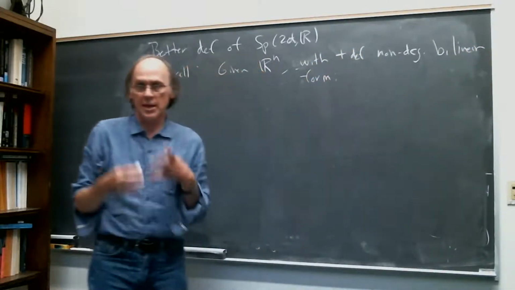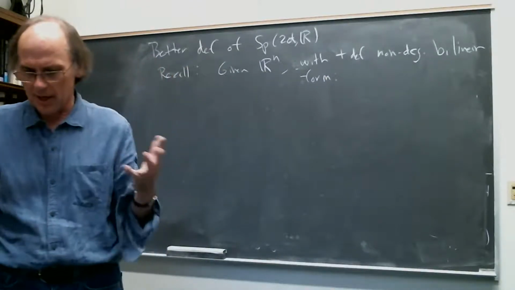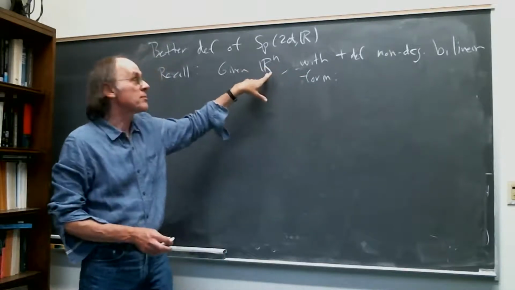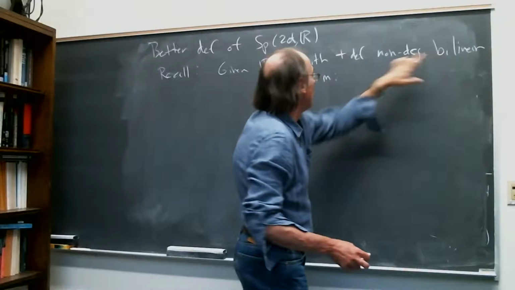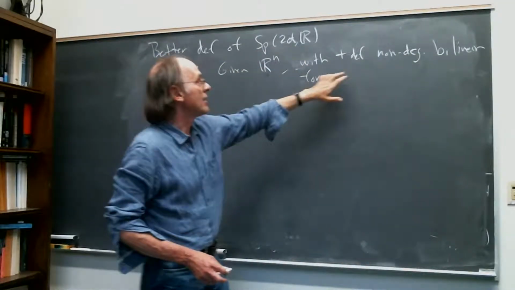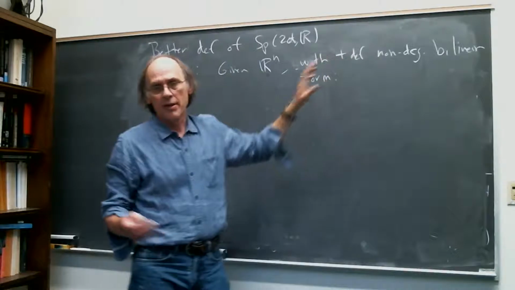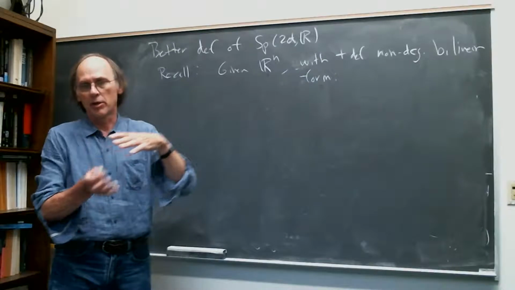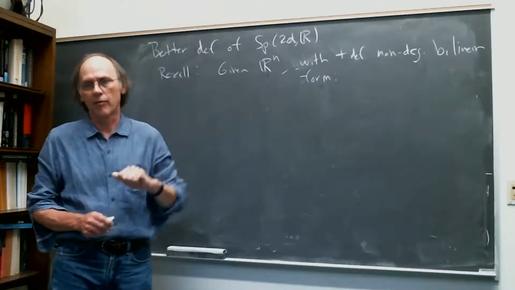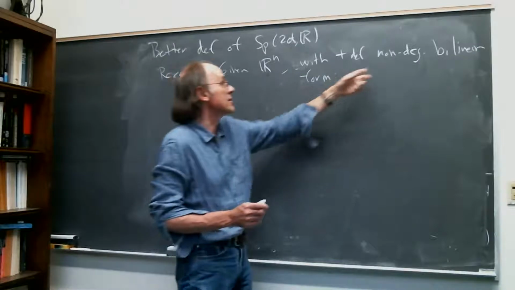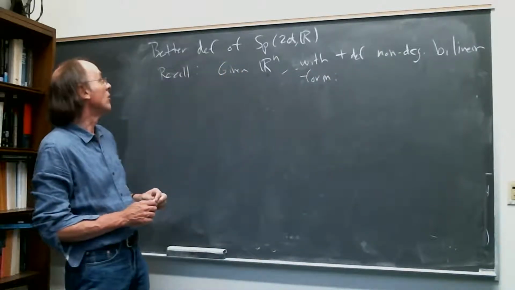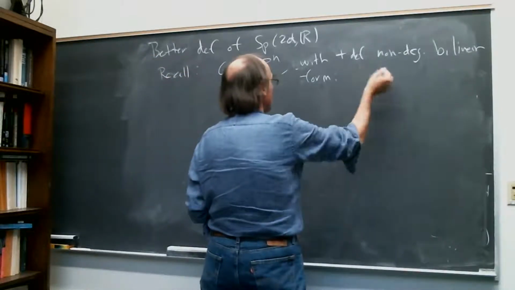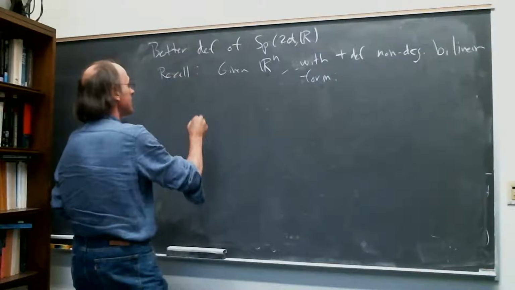One of the standard theorems of linear algebra is that if somebody hands you a vector space and a bilinear form on it that's non-degenerate and positive definite, you can find coordinates that put it in the standard diagonal form. You can diagonalize this quadratic form.